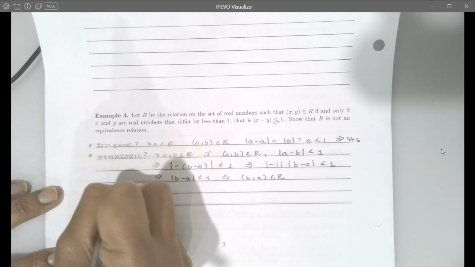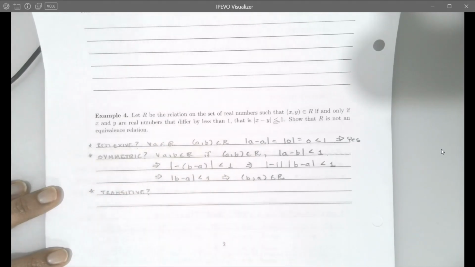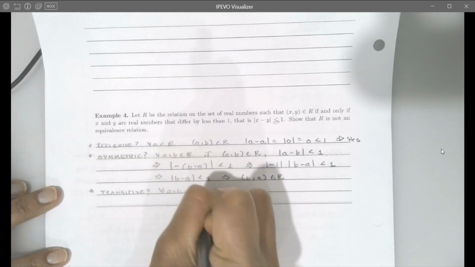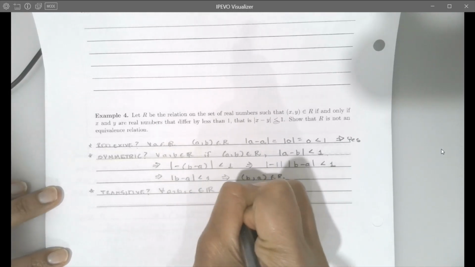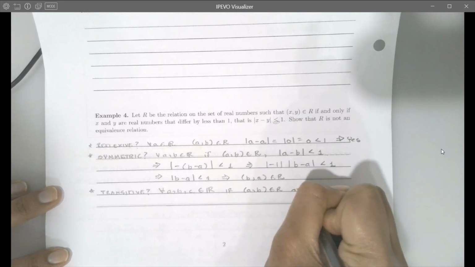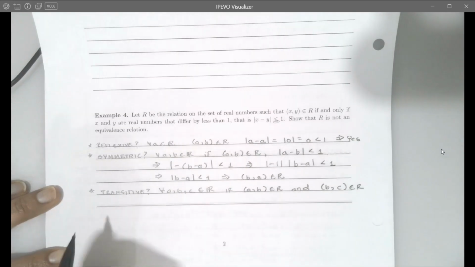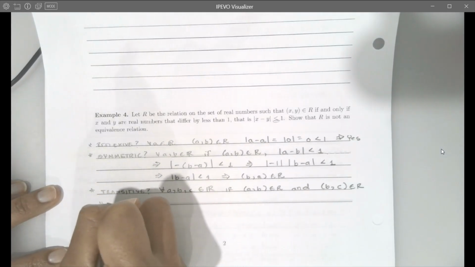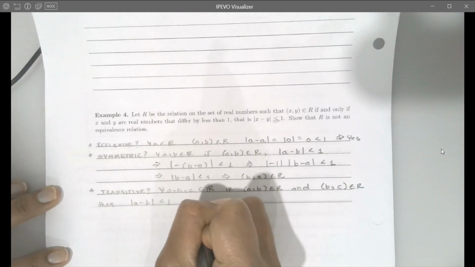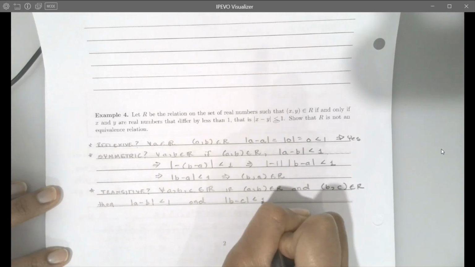The next property to check is transitive. Is it transitive? Well, again, for any three real numbers A, B, and C, if A comma B is part of the relation and B comma C is part of the relation, that means that absolute value of A minus B is less than 1 and absolute value of B minus C is less than 1.